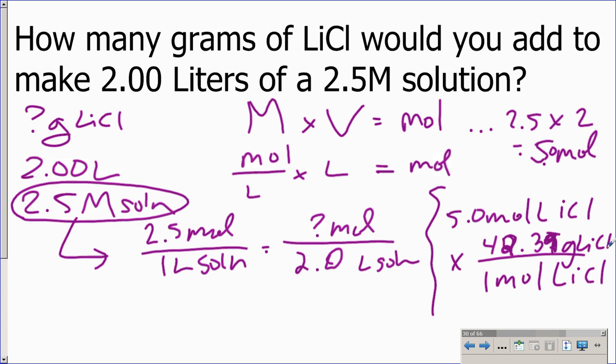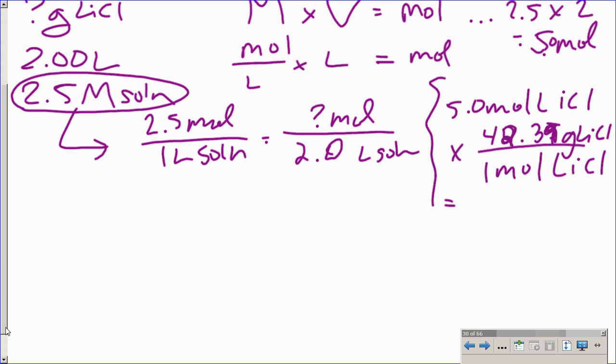Then you take 5 moles times the 42.39, and Aaron, what'd you get? 212 grams of lithium chloride.